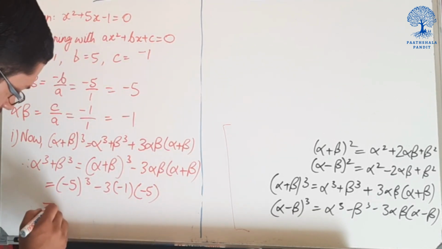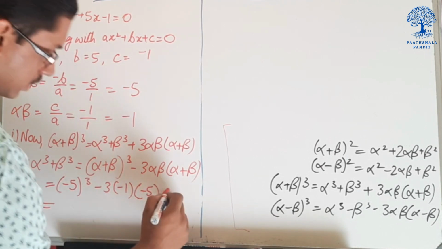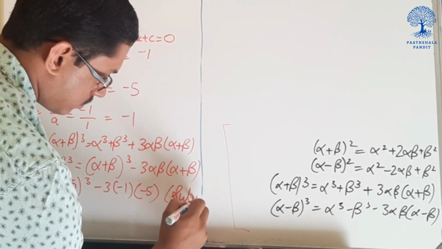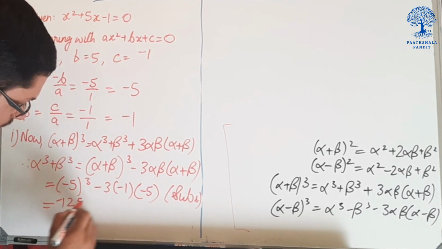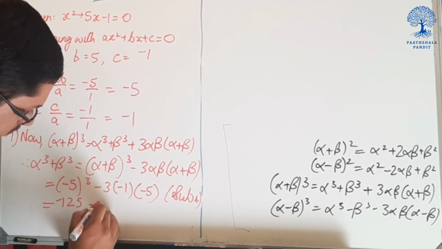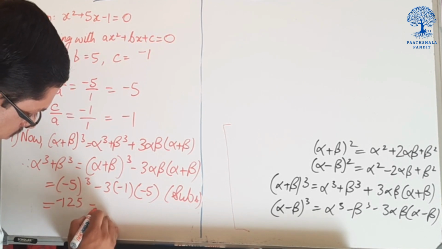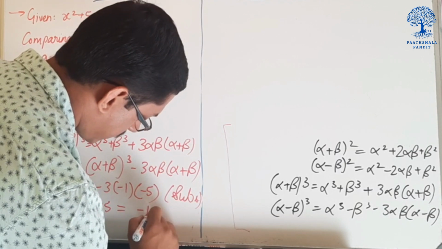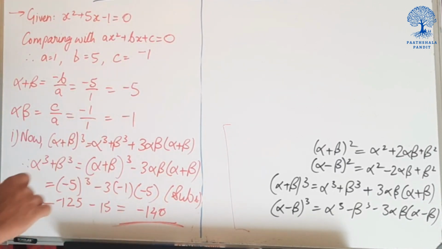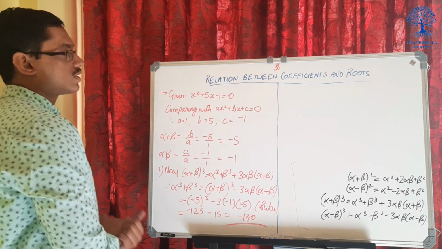Now substitute and solve it. Minus 125 minus 15, which in turn gives minus 140. Okay, we got the first sub question answer.